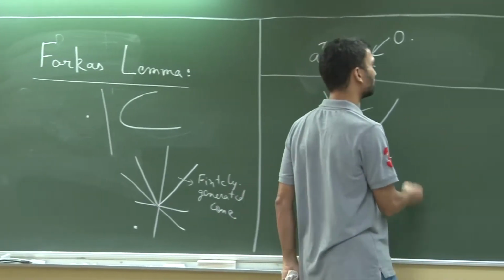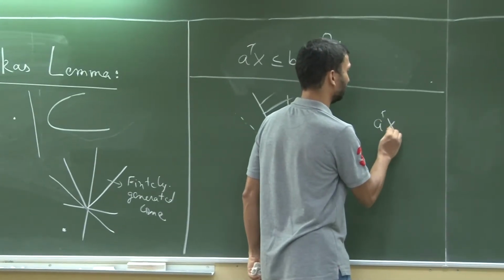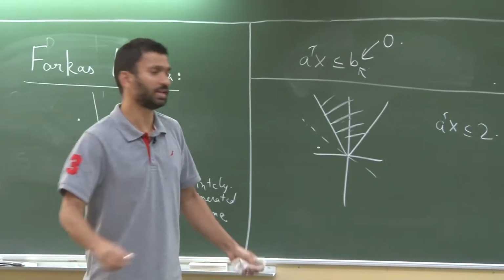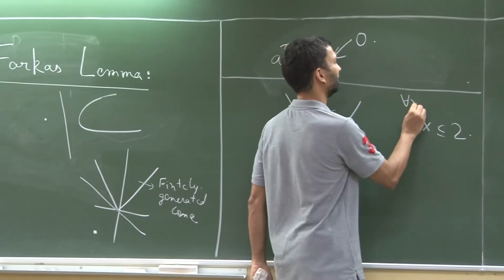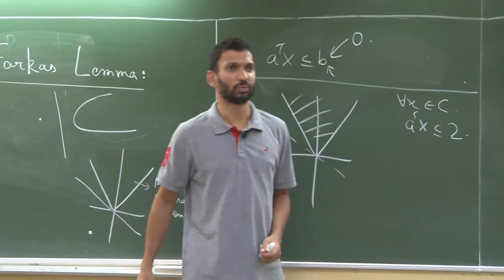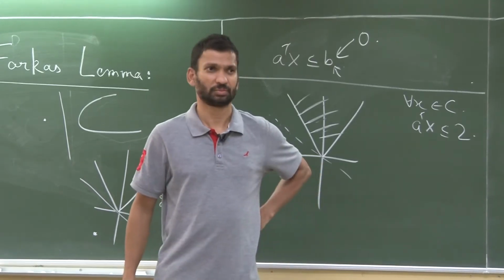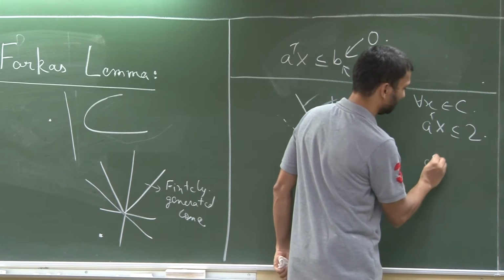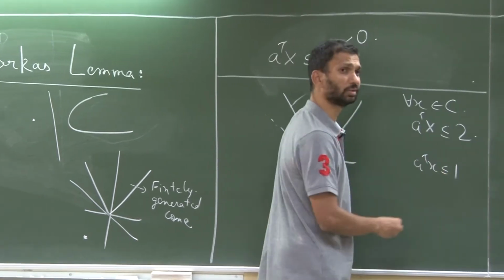Suppose there is a convex cone for which you have this equation. I say that for all X element of the cone, A transpose X is less than equal to 2. My claim is that for all X, A transpose X is less than equal to 1.